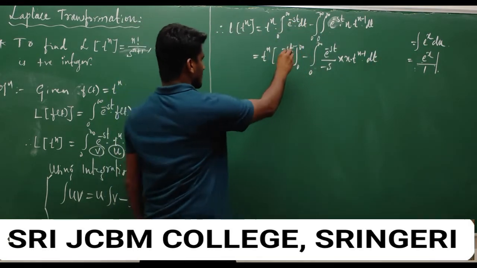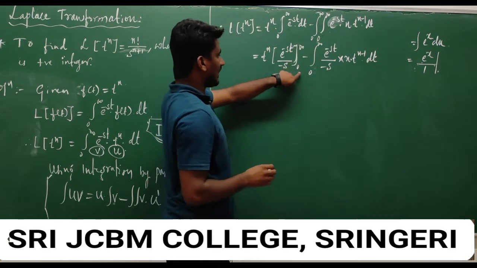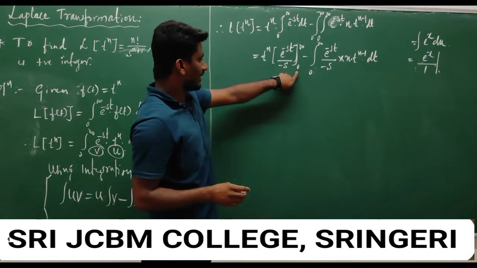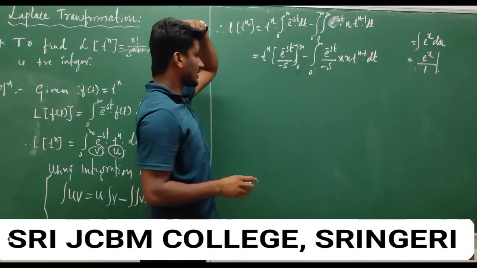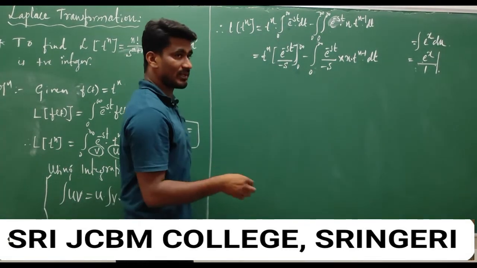So now look at this condition. t is our variable and the limit values are given. The lower limit value is 0 and the upper limit value is infinity. First we have to apply upper limit minus lower limit.